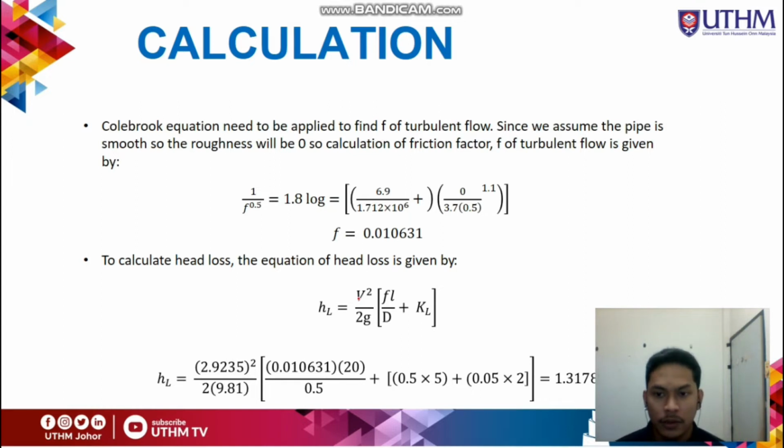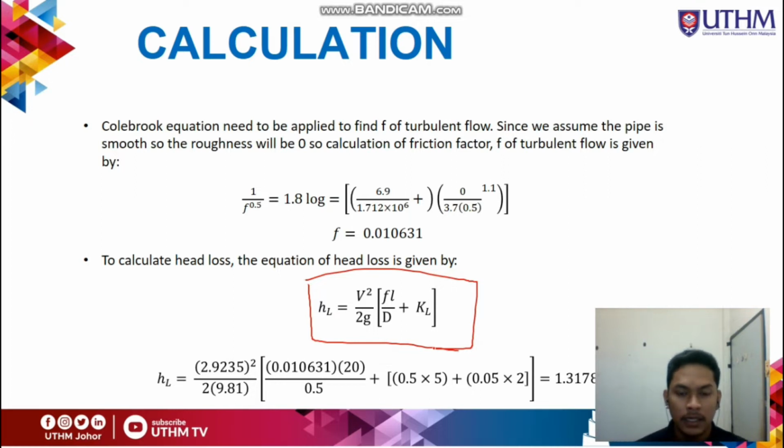Okay, after we have the value of the friction factor, we can calculate the head loss. Next, for the head loss, we have the equation below, which is HL equal to V squared over 2G times (FL per D plus KL).